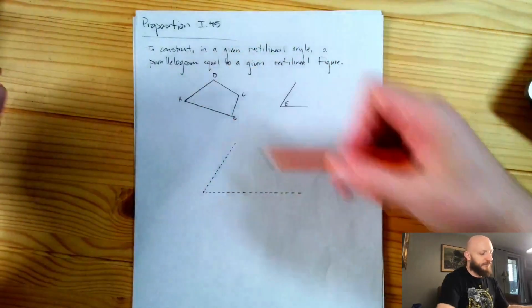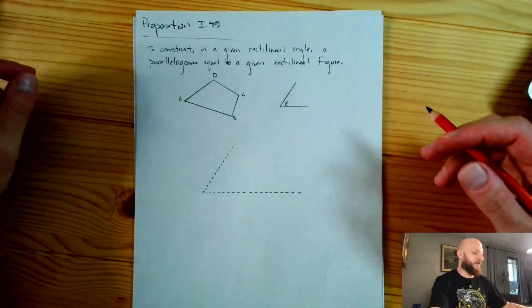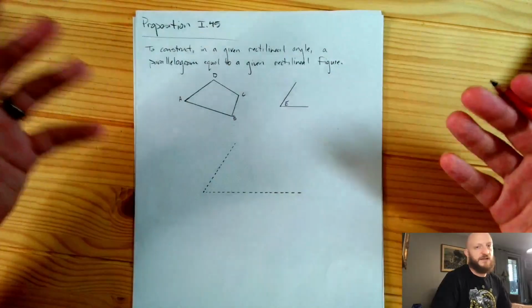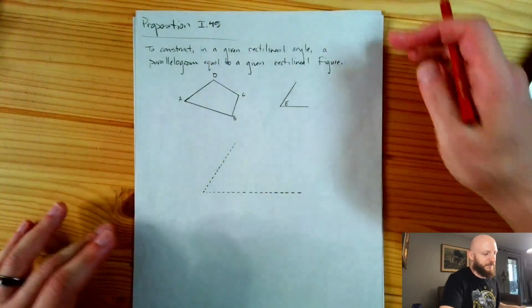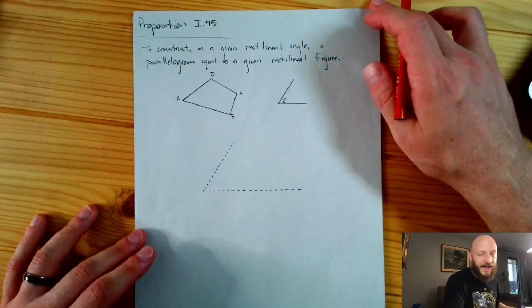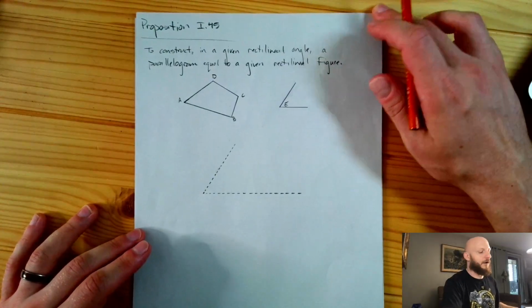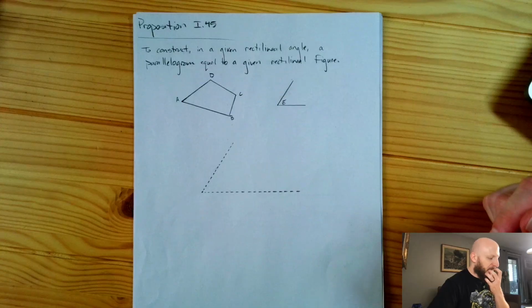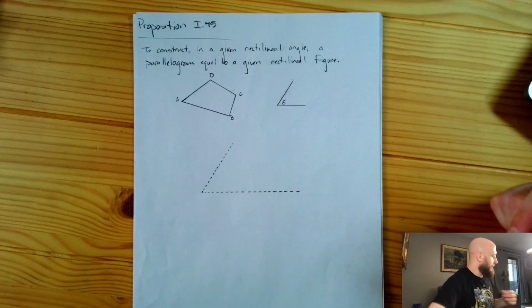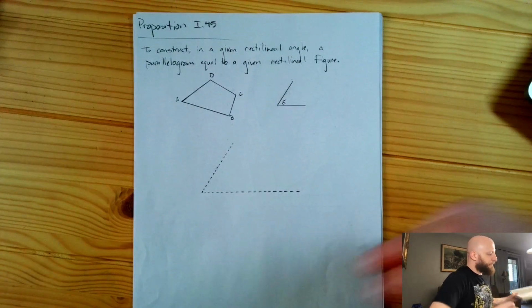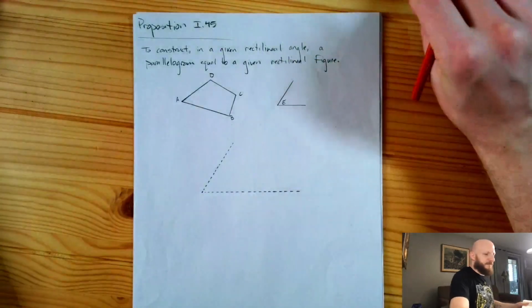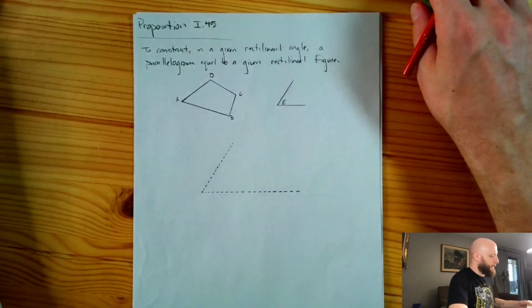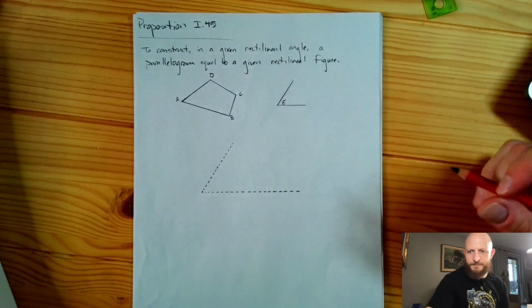So we just do the 4-sided case, and the idea, which is not really stated anywhere in the proposition, is that you can do this exact same procedure for figures that have more than 4 sides. And there is an interesting assumption built into here, which comes out in the very first line. Okay, so let's just jump into this thing.